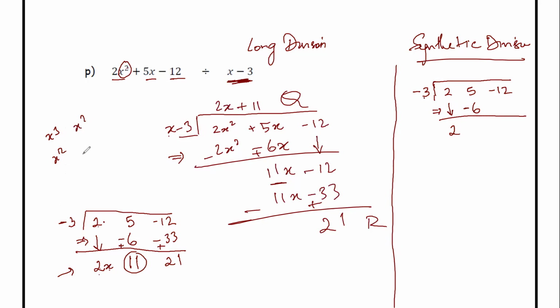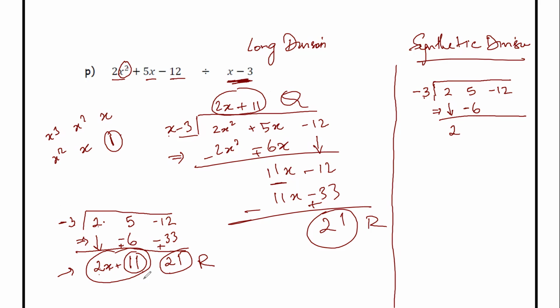If it's x square, then it is x. If it's x, then you have a constant. So after 2x, you have a constant, and then this portion becomes your remainder. So now you compare the long division remainder and this remainder, and you compare this quotient and this quotient out here. Do you see?